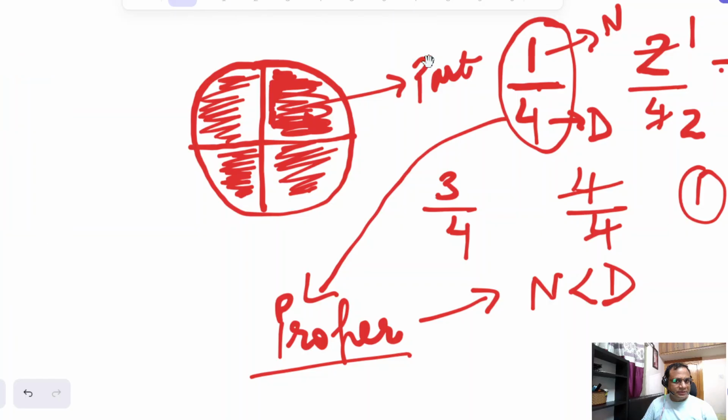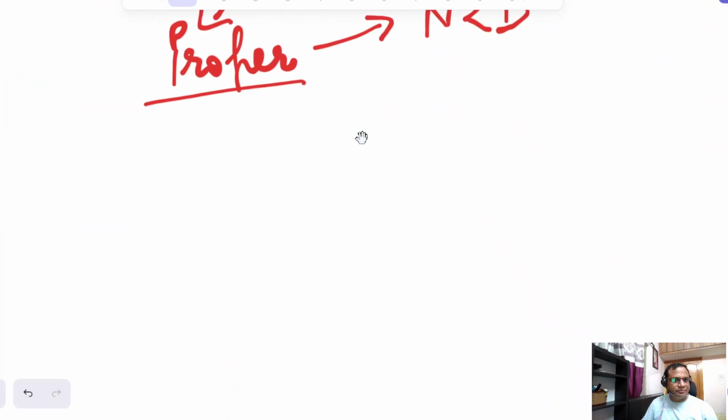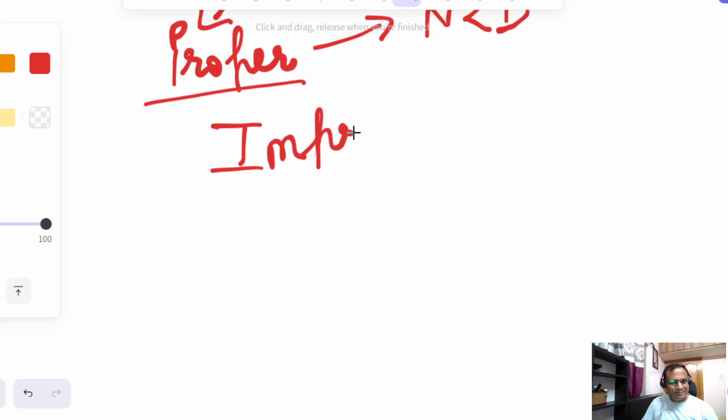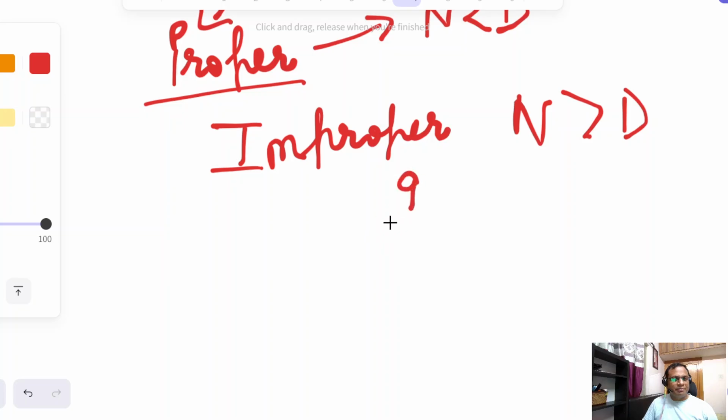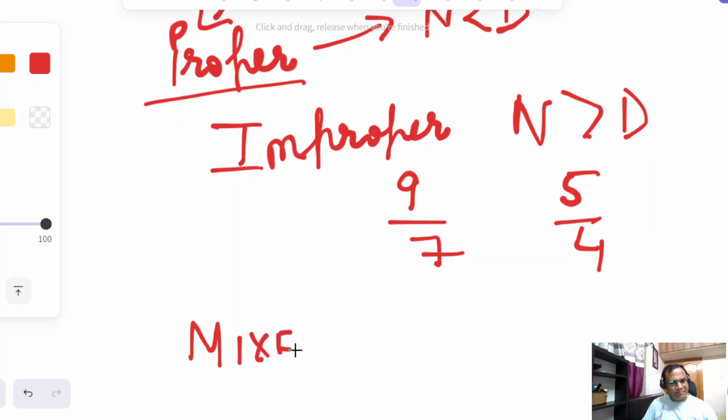Now, what are improper fractions? We have another type, improper fractions. Improper means when your numerator is bigger than the denominator, like 9/7, 5/4. Here, the numerator is bigger. And we have a third type of fraction, which is the mixed fraction.